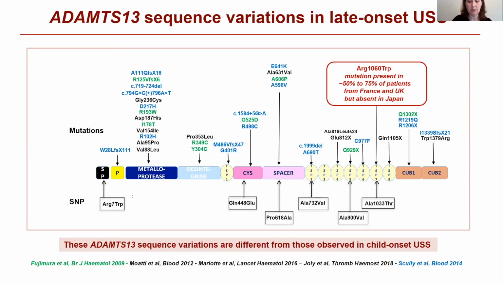ADAMTS13 gene mutations do not overlap between child-onset and adult-onset Upshaw-Schulman syndrome. Also, interestingly, there is one hotspot in adult-onset Upshaw-Schulman syndrome, as one mutation, the arginine 1060 tryptophan, is found with a high frequency, but surprisingly only in Caucasian patients, but not in Asian patients.